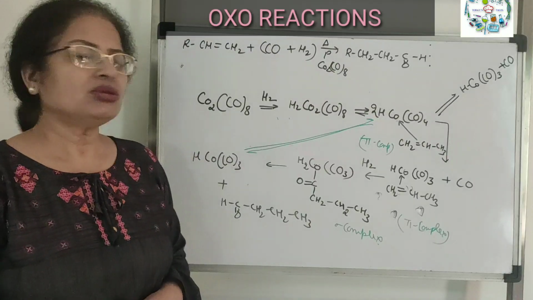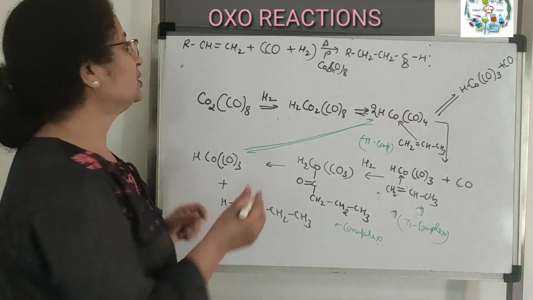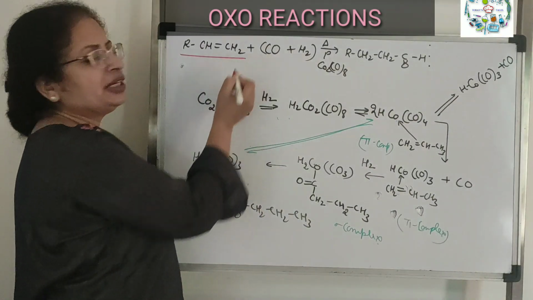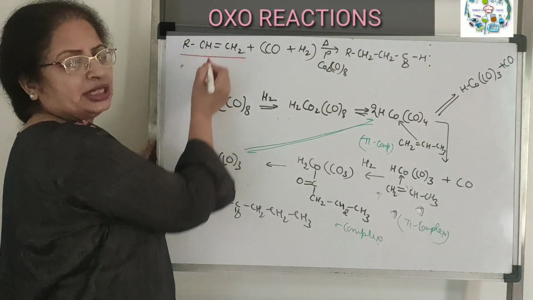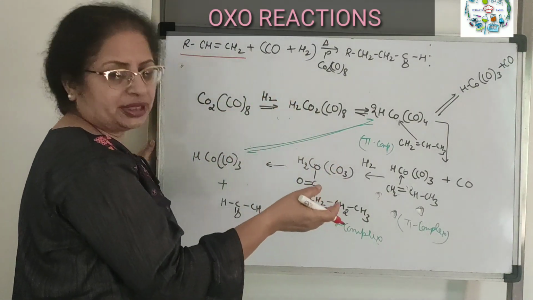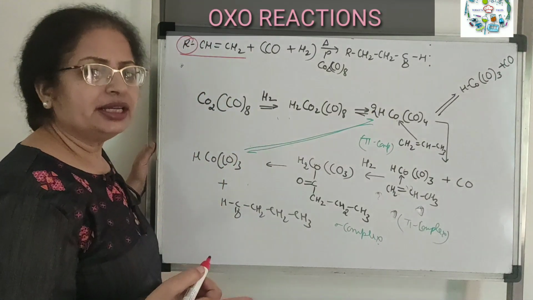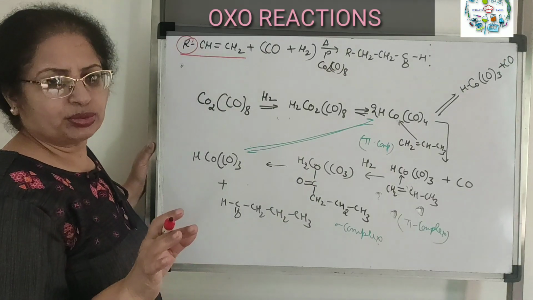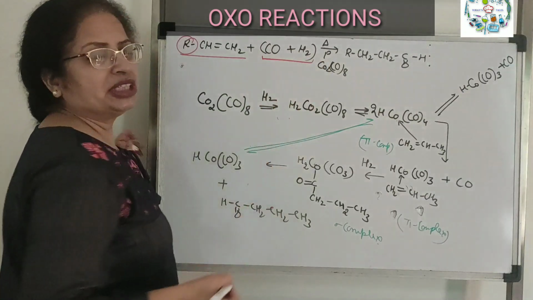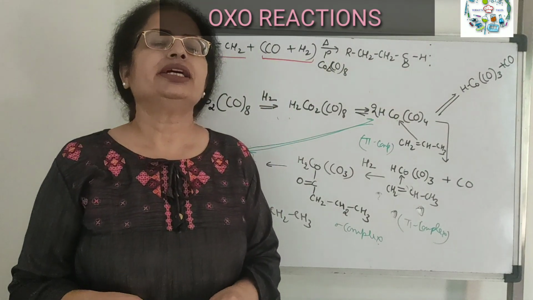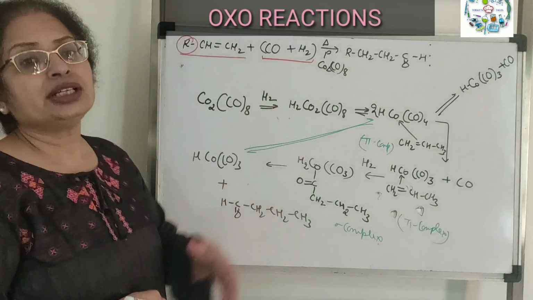OXO reaction is also called as hydroformylation. What we do in this reaction, we take terminal alkenes. Terminal alkenes means in which double bond is on the corner carbon, and R may be methyl, ethyl, hydrogen, any group, and we react this with the mixture of carbon monoxide and hydrogen, and we get insertion reaction.